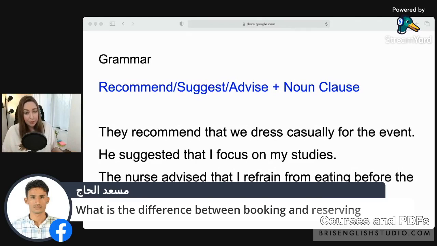Book a room, book a table. Usually both of these words are used for a hotel or a restaurant. Okay, so basically I think that book and reserve could be interchangeable. Maybe I'll make a whole lesson on that later.